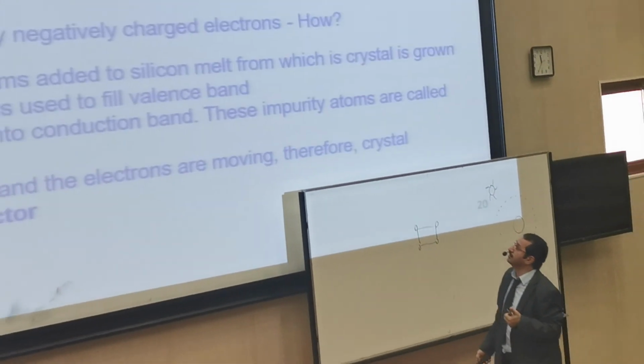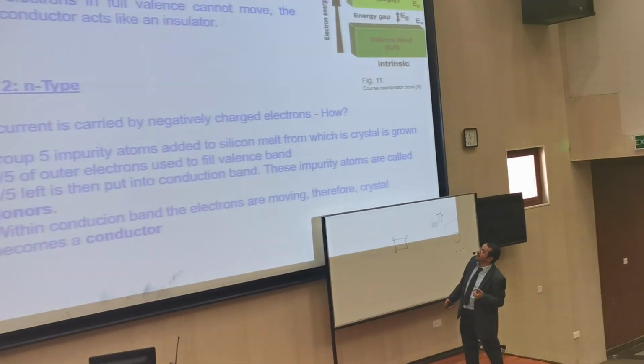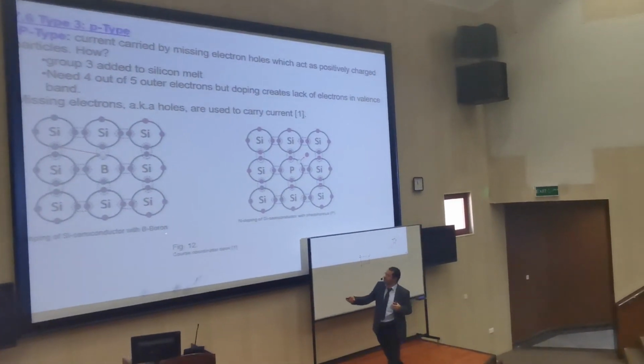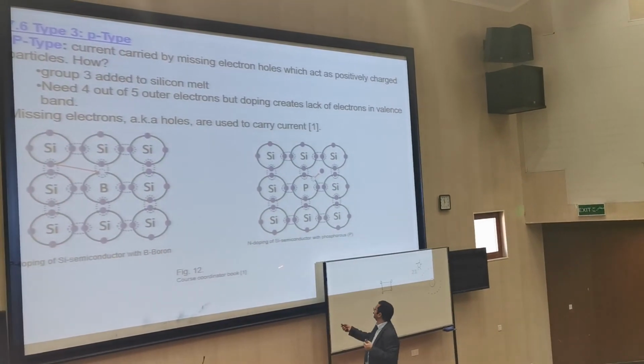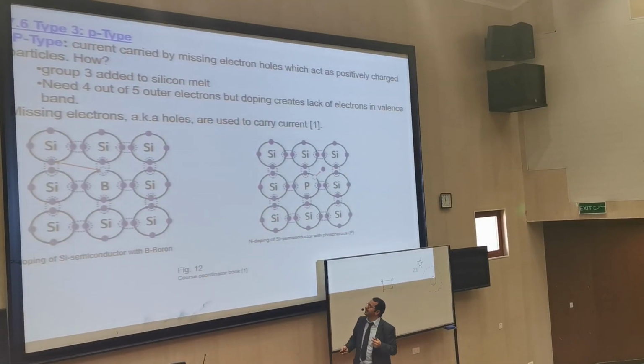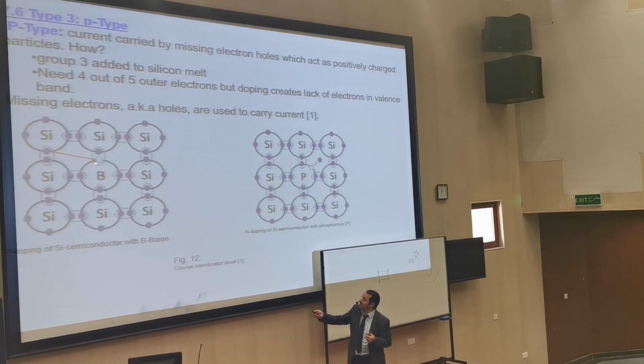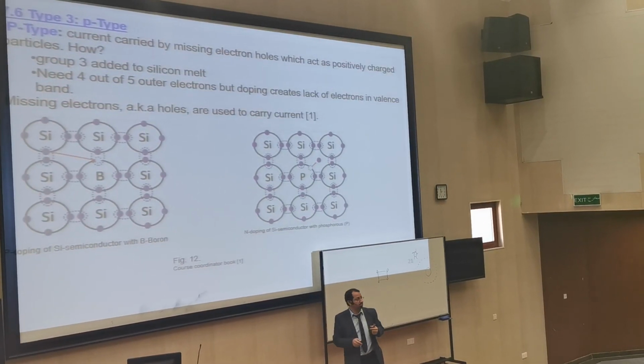How does it look? Have a look here. This is boron and this is phosphor. You see silicon everywhere here. One atom, which is boron.